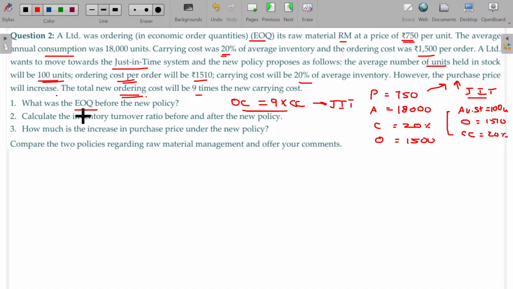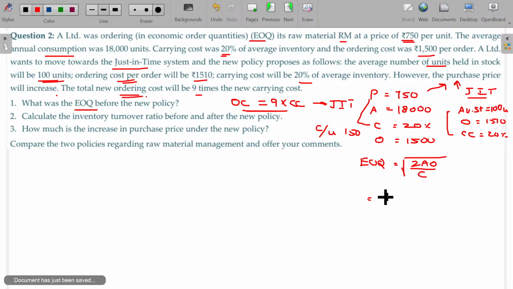Now, what was the EOQ before the new policy? Carrying cost per unit is 150. Find out the EOQ. EOQ is equal to root of 2AO by C: 2 into annual consumption 18,000, ordering cost 1,500, carrying cost 150.